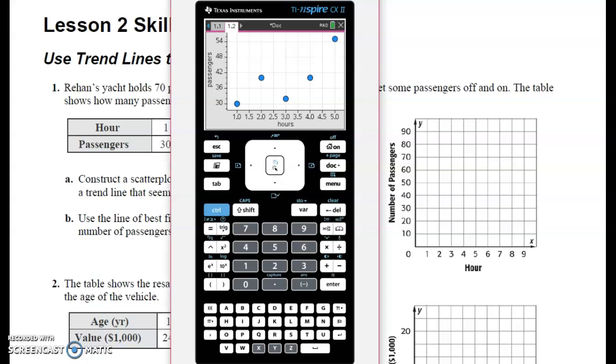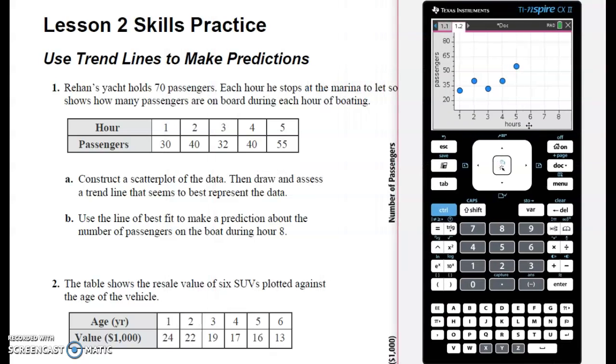So I'm going to adjust my scale. Just grab it from the bottom, grab it from the top. And then I'm also going to adjust the x-axis. Now that looks really close to what I had graphed by hand.